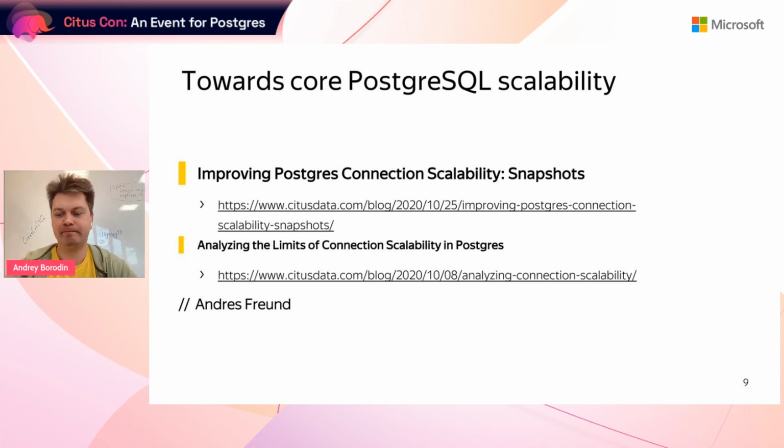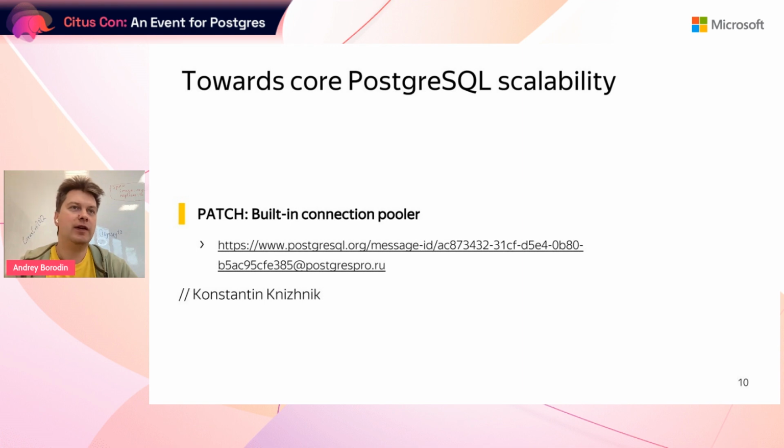Also, there is interesting related work on a built-in connection pooler by Konstantin Knizhnik, but this work seems to have slowed in recent years, and there is not much hope for when it will be committed and usable with upstream Postgres.